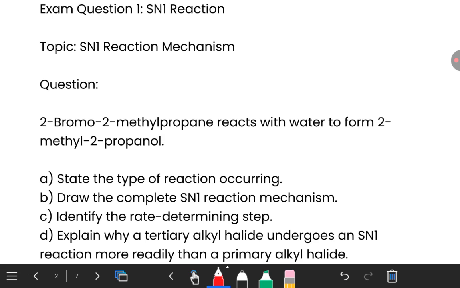State the type of reaction which is occurring. So this is our first question. Let's get to solve this question. 2-bromo-2-methyl-propane reacts with water to form that compound.